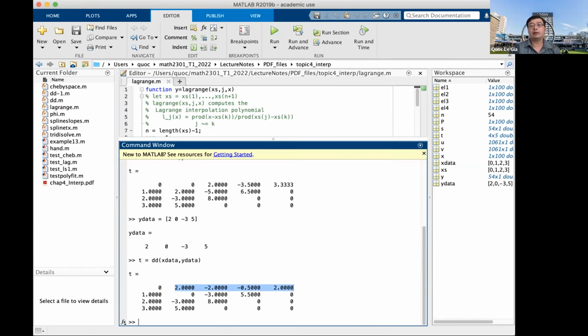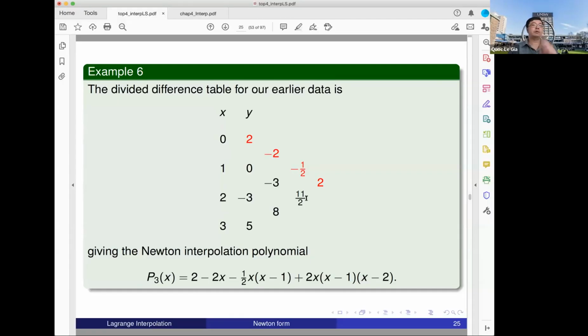So if you go back, we have been playing around with this example in a few examples already. Let me go back to the slide. In the top row, you see that the divided coefficient is 2, minus 2, a half, and 2.